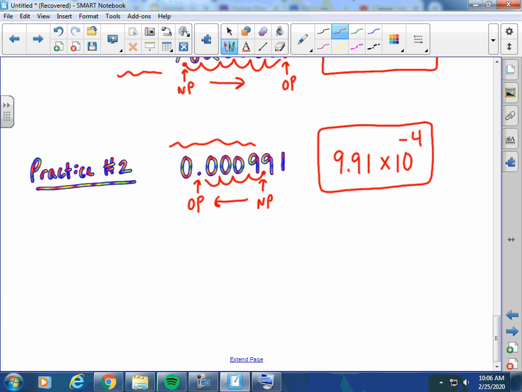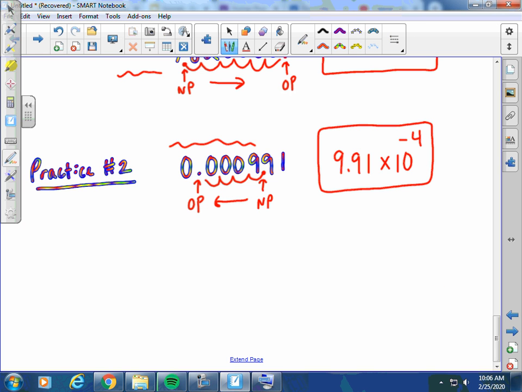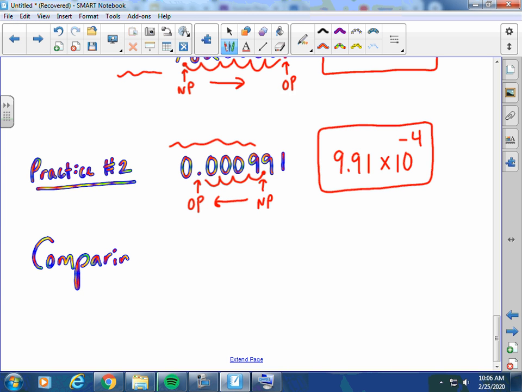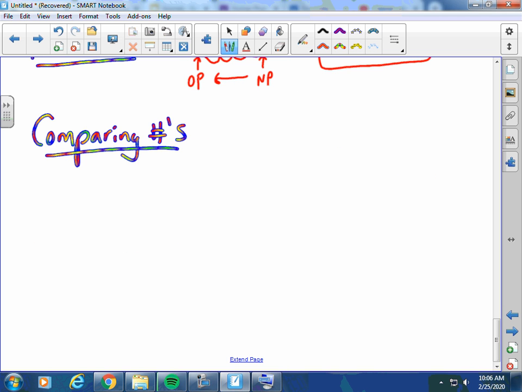So I told you guys when we do this stuff, it makes things easier to compare. If I had these really huge numbers that were all written out, and I tried to compare which one was larger, I might have to count all those zeros and try to figure it out that way.